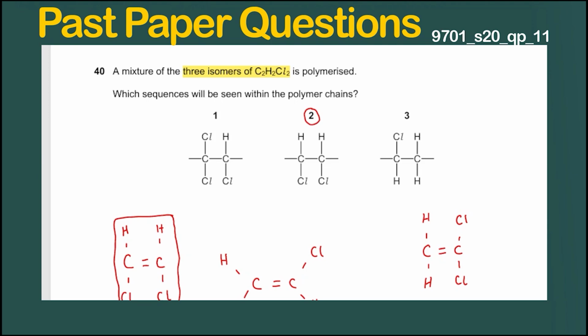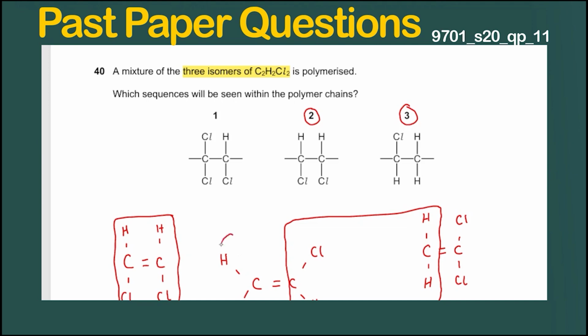There is another possibility that we can join these two carbons in this way. One chlorine and three hydrogens, one chlorine and three hydrogens. So the third could be a possible product, a possible addition polymer actually.